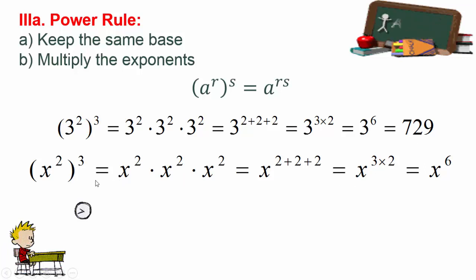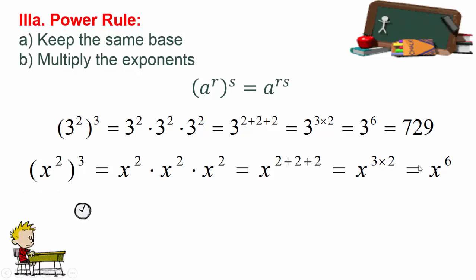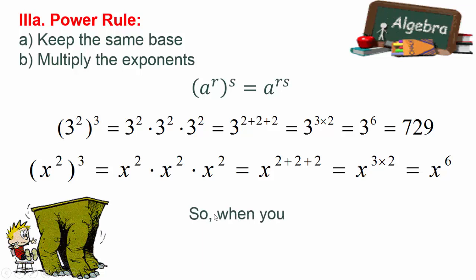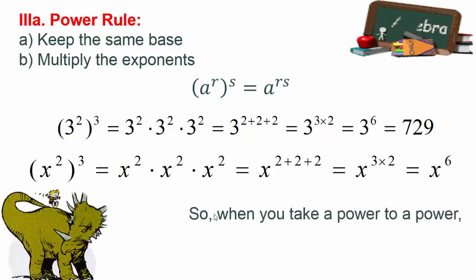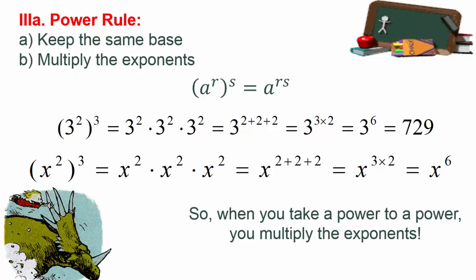Now here, using the variable x, we go through the same process, and we see that we get x to the 6th, just as we would if we expanded it out and added it. So, when you take a power to a power, you multiply the exponents.